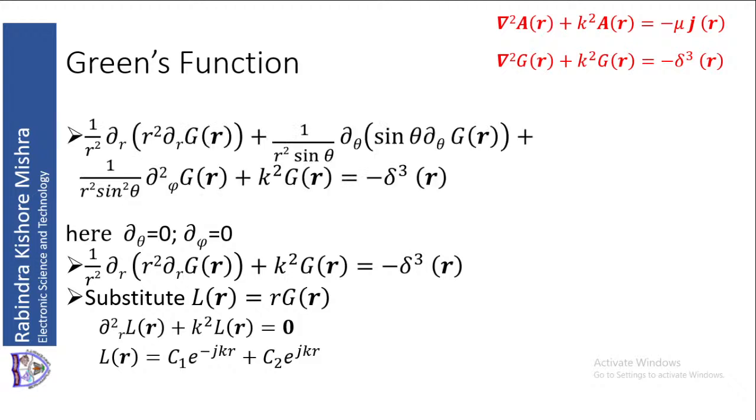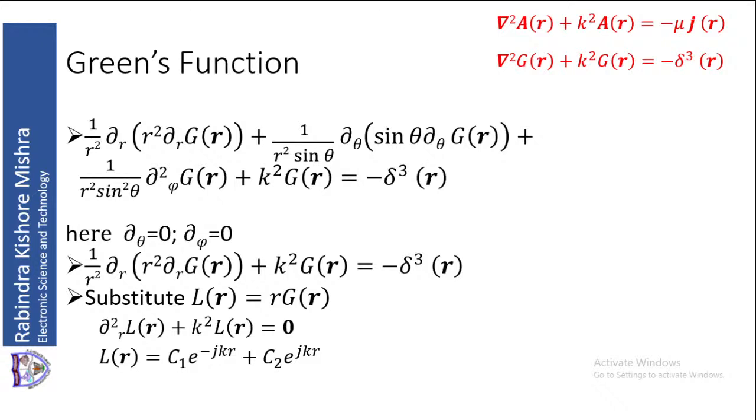Then del square becomes 1 by r square dou r operating on r square dou r Gr, plus 1 by r square sin theta dou theta operating on sin theta dou theta Gr, plus 1 by r square sin square theta dou square phi operating on Gr, plus the second term k square Gr, and the right hand side is minus delta QR.